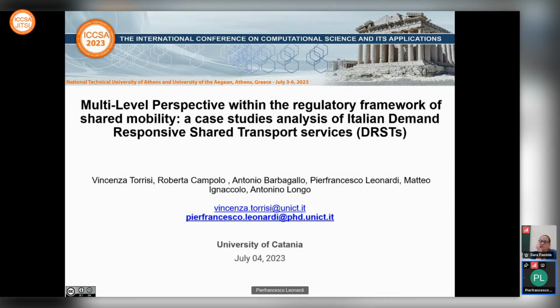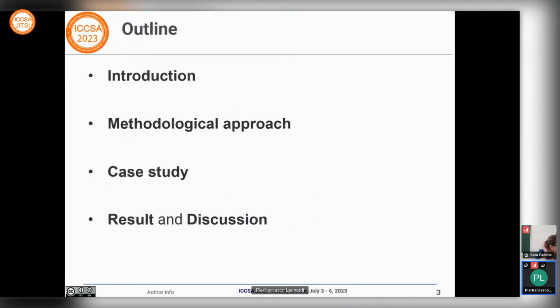This is the result of a national project called Wikitransit, which is based on the development of on-demand shared transport services. In particular, in this research, we focus on the regulatory framework for its implementation.